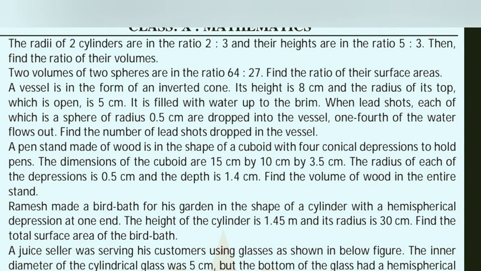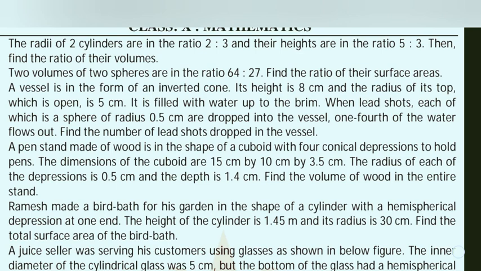Volume is given, so we have to first find the radius using the volume of the sphere, V equal to 4 by 3 into pi r cube.